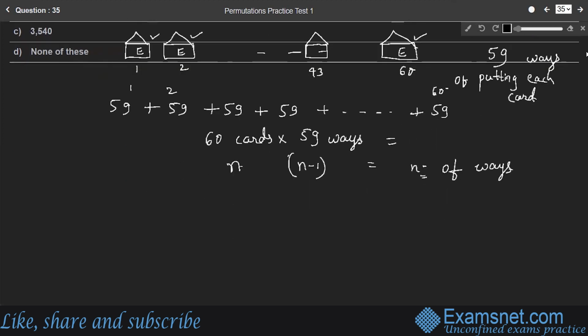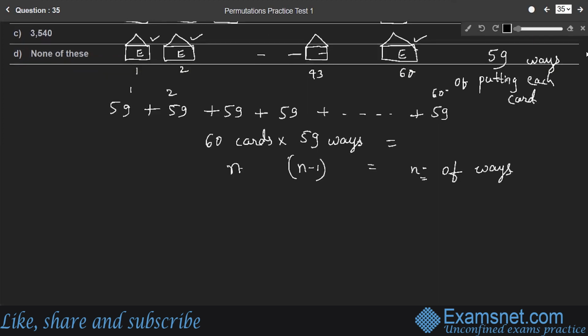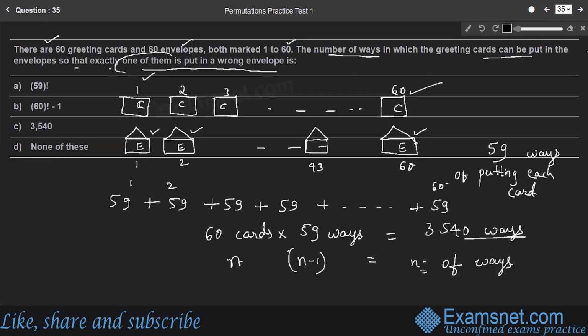Therefore, it is n minus 1. So 60 into 59, what's the value? You will get 3,540 ways. In 3,540 ways, you can put these cards in those 60 envelopes so that the condition is one of them is put in the wrong envelope. So option C is the right answer.